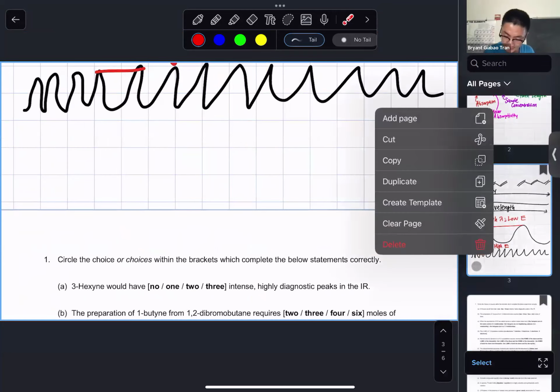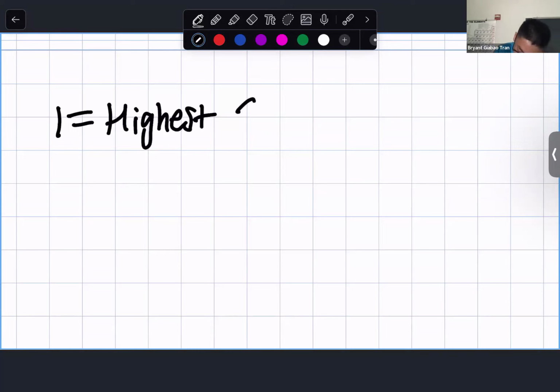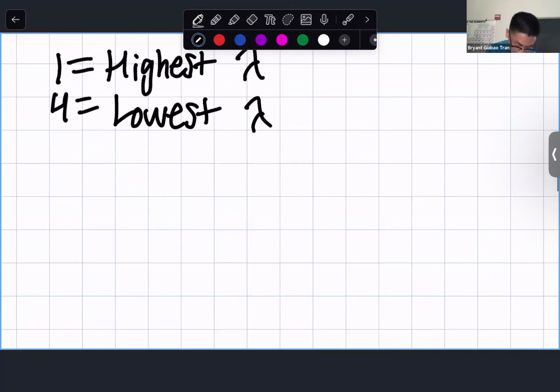So I'm going to give you guys, let's say, 4 different molecules, and I'm going to tell you guys to rank them in order of increasing wavelength, where 1 is going to be the highest wavelength, and then 4 is going to be the lowest wavelength. Let's see.